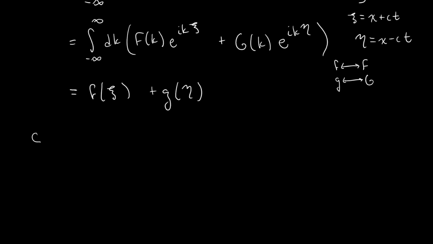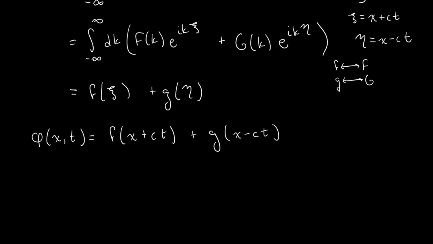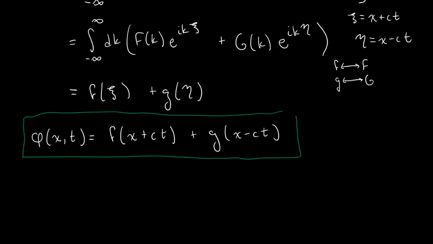Which means that I now have my general solution to the wave equation, which is just f of x plus ct plus g of x minus ct. Exactly what we found before, but arguably in a faster way, and perhaps a more intuitive way.